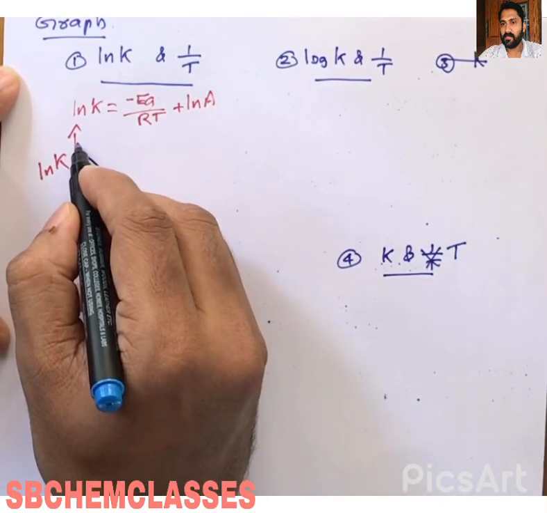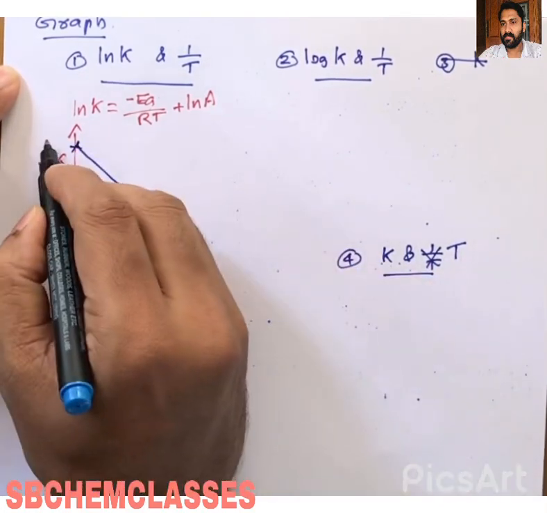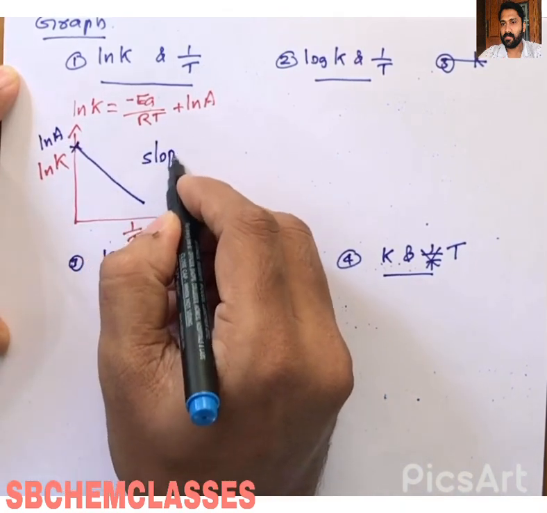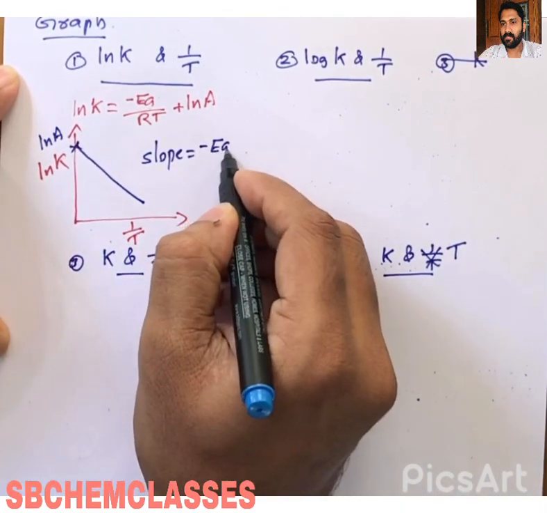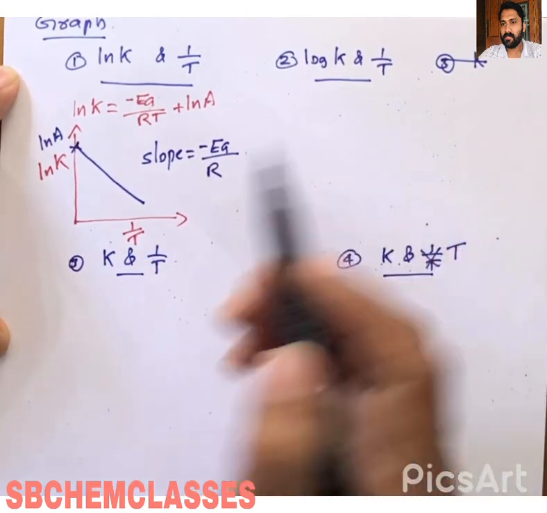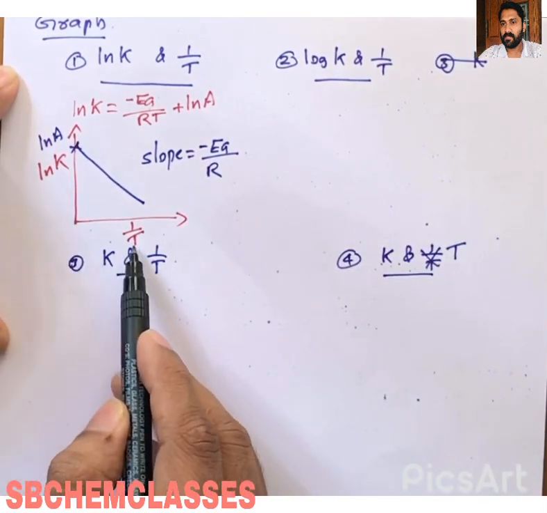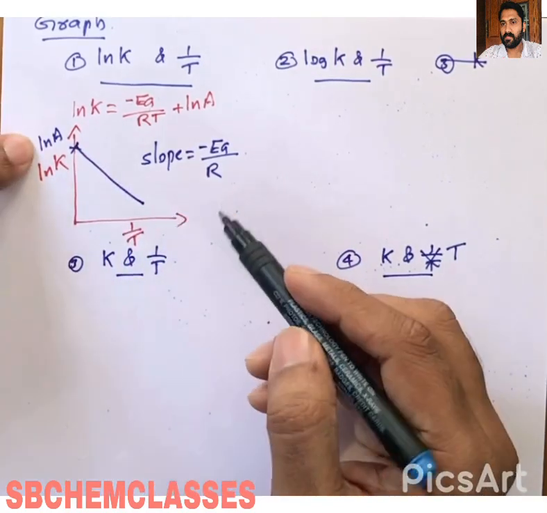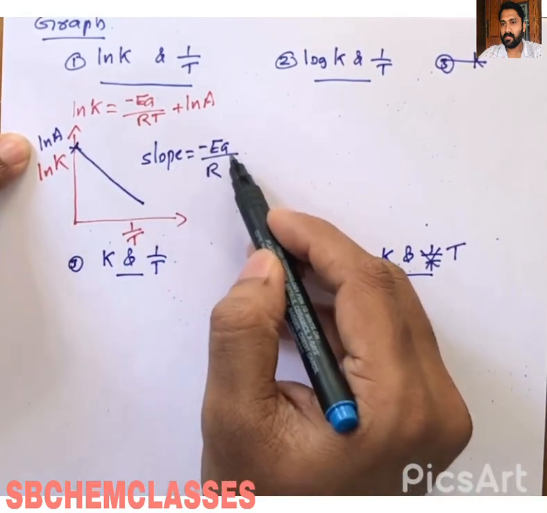Its y-intercept will be ln A and slope will be minus Ea by R.